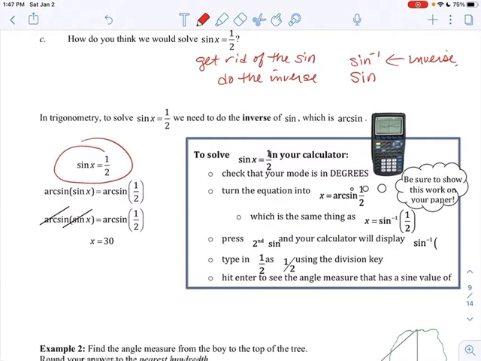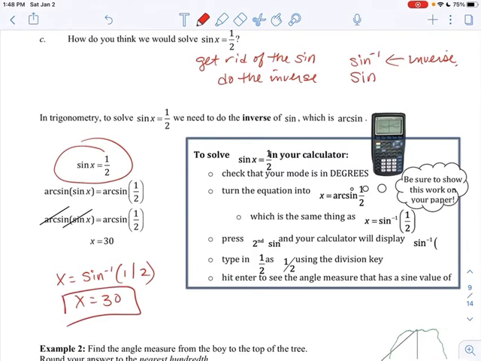I want to get rid of sine, so the opposite of sine is that inverse. They write arc sine, but it's that sine -1 button. So those cancel out, but whatever you do to one side, you have to do to the other side. So in order to solve this, you're doing sine to the -1, that's the inverse, 1 divided by 2. And that's how you get x equals 30.